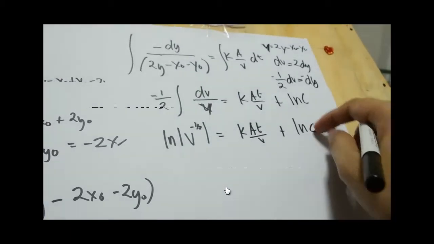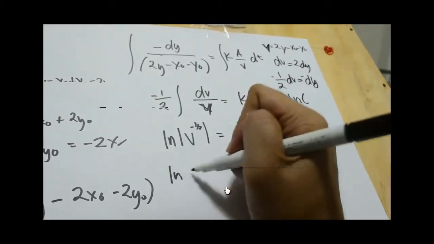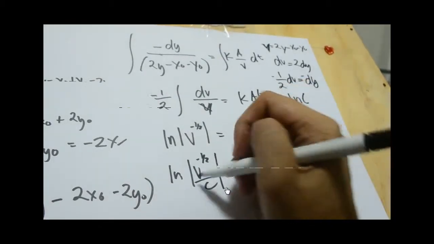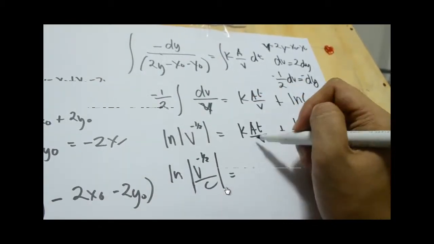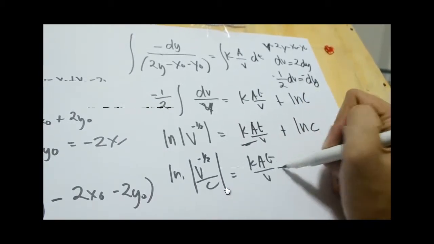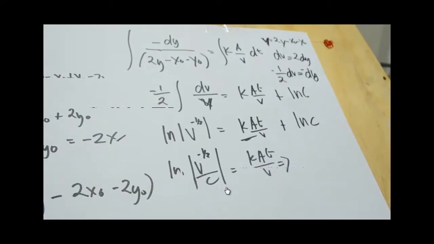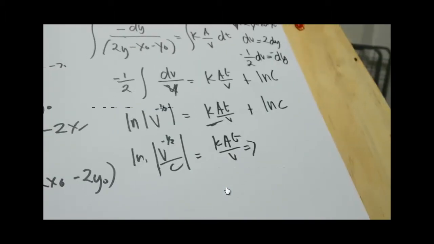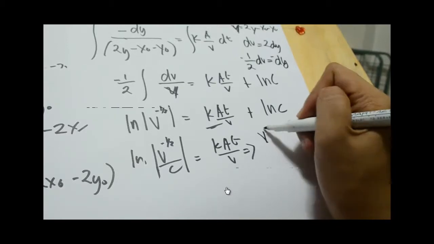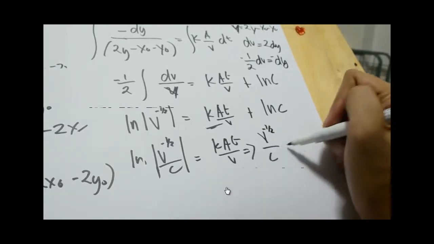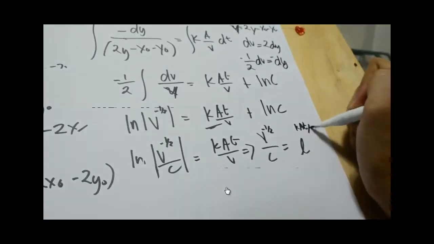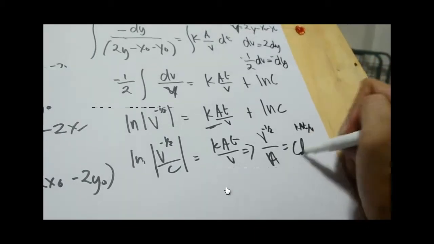Now to simplify it, you have ln v to the negative 1/2 over c is equal to this term, k a t over v, and raising it both sides to e, you'll get v to the negative 1/2 over c equals e to the negative k a t over v, or we can put c here.